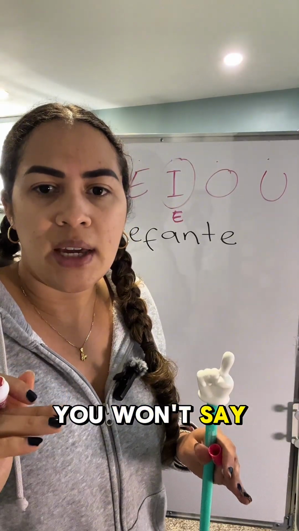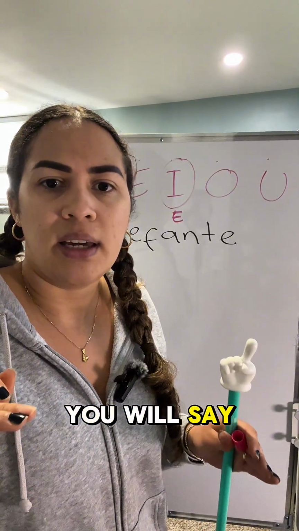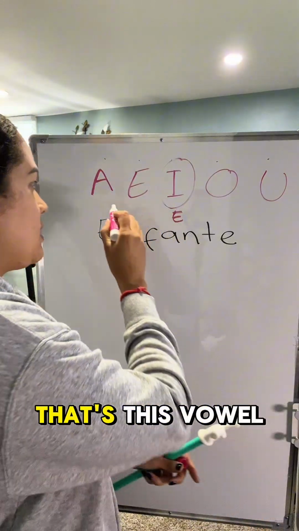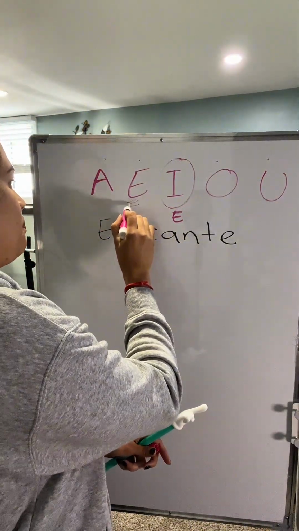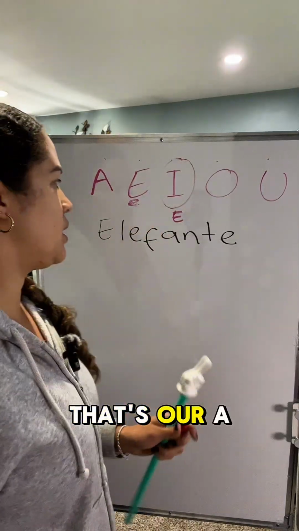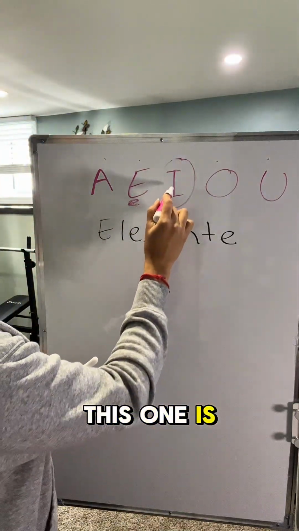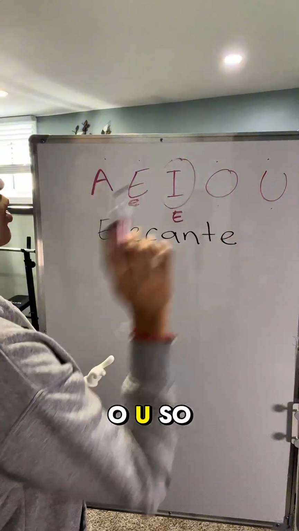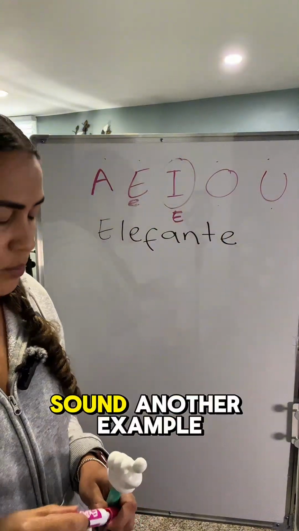So you won't say A, you will say E. That's it. That's this vowel. Okay? That's our E. This one is I, O, U. So all just one sound.